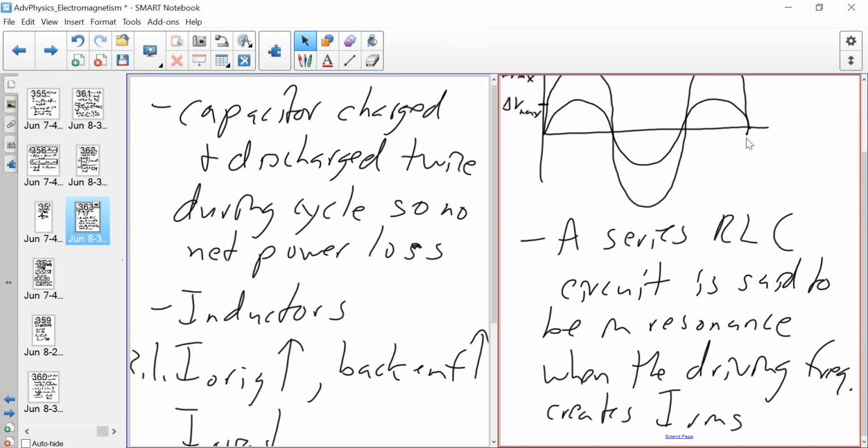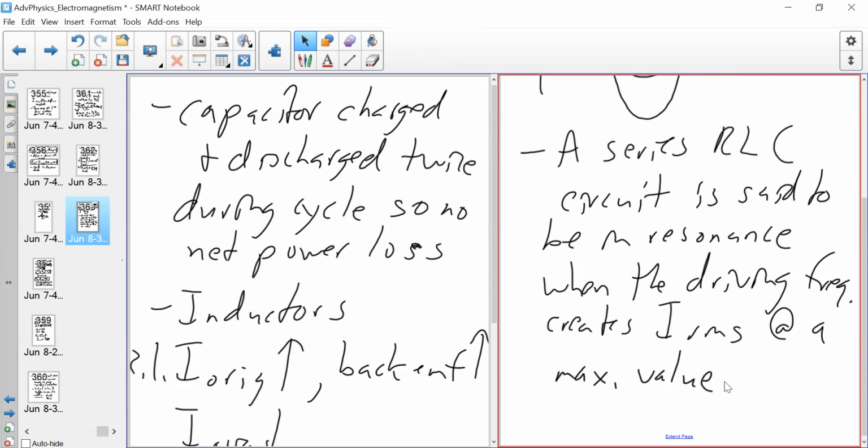The time average is 0. It's the RMS that does not. And that is the quantity that's important to us: the RMS values for current and the RMS values for the voltage. So that's why we looked at RMS. So the driving frequency creates IRMS at a maximum value.